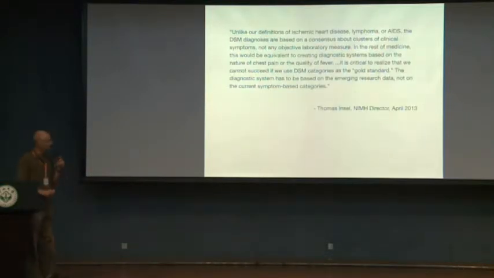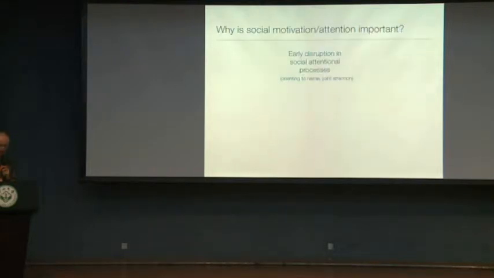I just have this quote here from Tom Insel to make that point, where he says it's critical to realize that we can't succeed if we use these psychiatric categories, the original DSM categories, but rather we have to base our diagnosis of psychiatric illnesses like autism on the emerging research data rather than the current symptom-based categories. And so in that spirit, that's a lot of the research that we are doing. So let me go into the research that we're doing.